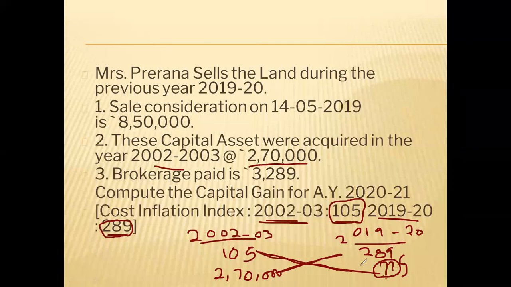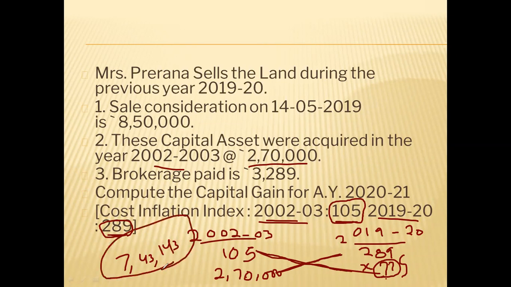This you can take as X, which is the corresponding cost in 2019-20. 7,43,143. So the corresponding cost in 2019-20 is 7,43,143. This cost you will take for reducing purpose. Understood? This is the concept of cost inflation index.